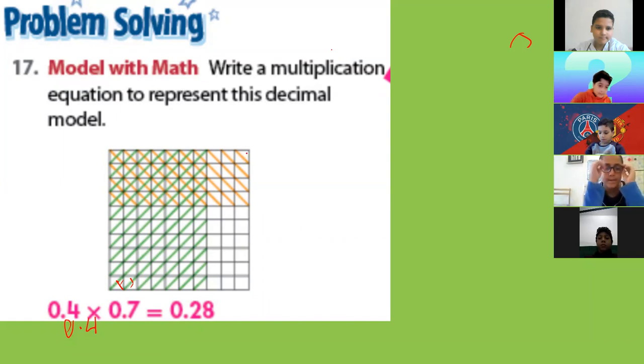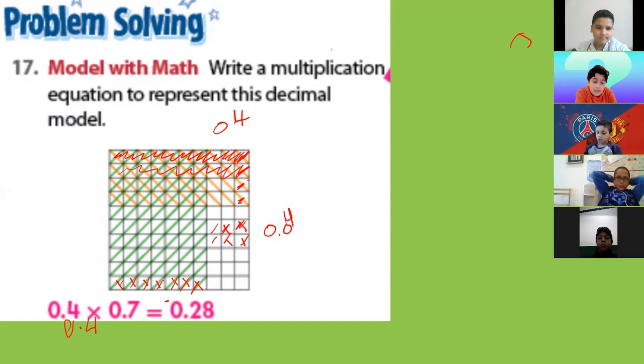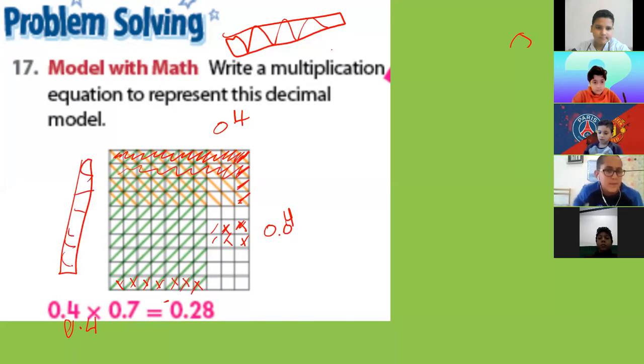Look at the screen. You see this row I'm shading now? That represents 0.1. To make it 0.4, you have to shade 4 consecutive rows, not 4 squares. 4 squares means 0.04, not 0.4. I mentioned at the beginning of the session that 0.1 is 1 row horizontally or 1 column vertically. Okay, now I understand. Thank you.